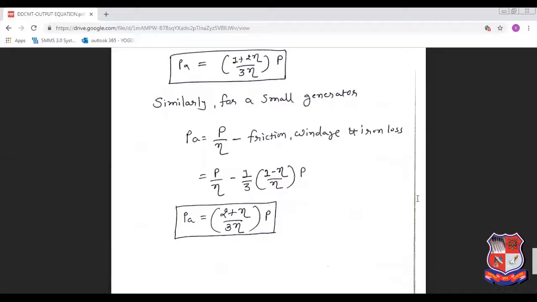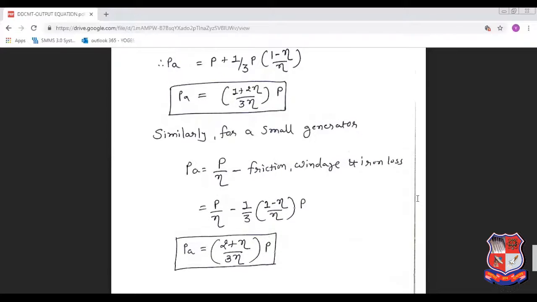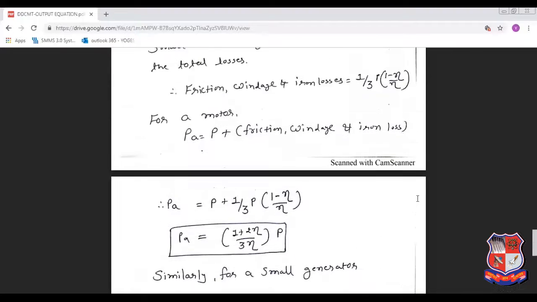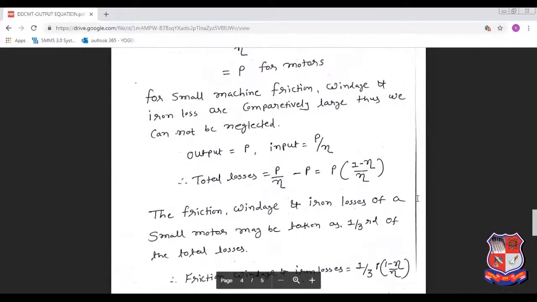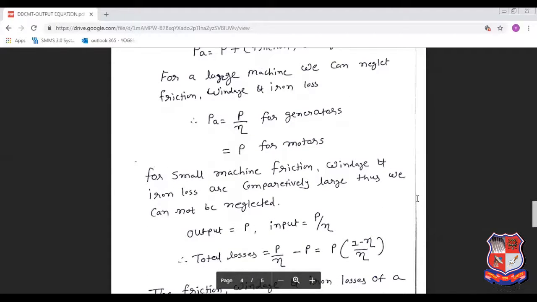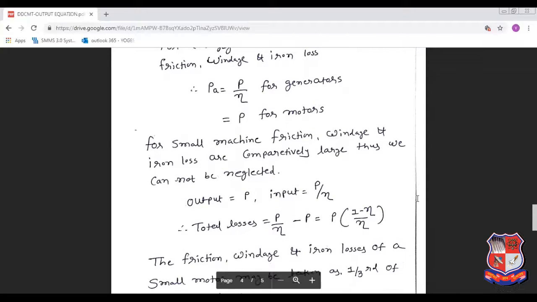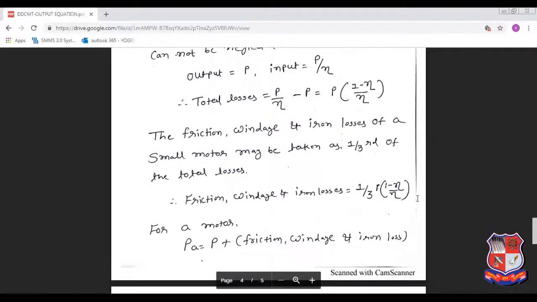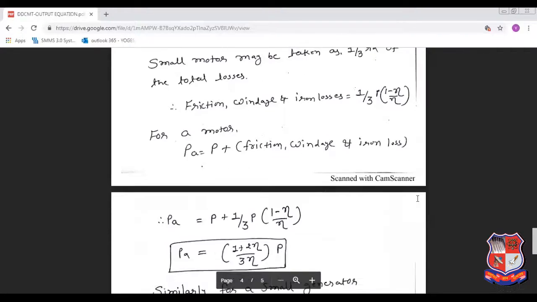So we derive the relation between the power developed by the armature and the output power of a machine. We sum up that for a large machine, power developed by armature PA is equal to P by efficiency for generators and PA is equal to P for motors. In a small machine, consider the friction, windage and iron losses.